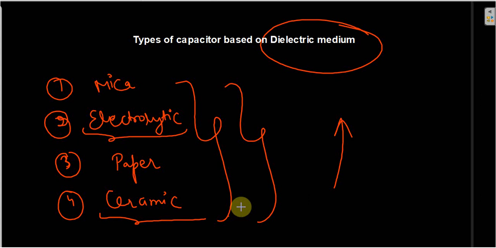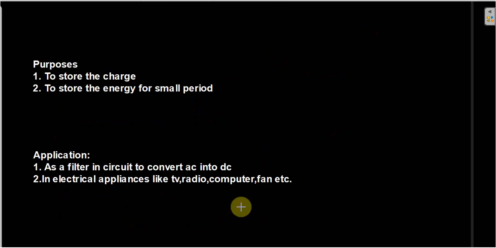Now next we are going to discuss the purpose and the application of capacitor. Purpose, as we earlier discussed, is to store the charge, and the second is to store the energy for a small period. Next, application. In our house there are so many electrical appliances. In all electrical appliances like your radio, TV, everywhere the capacitor is there.